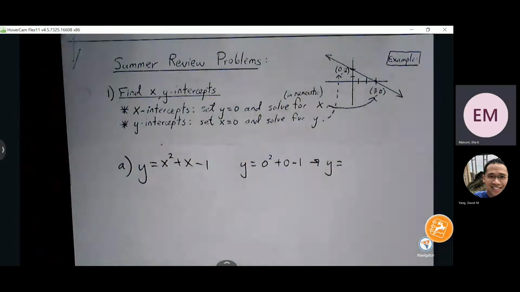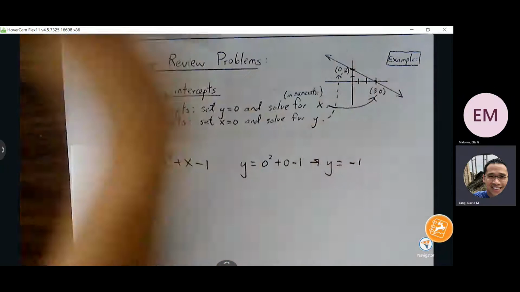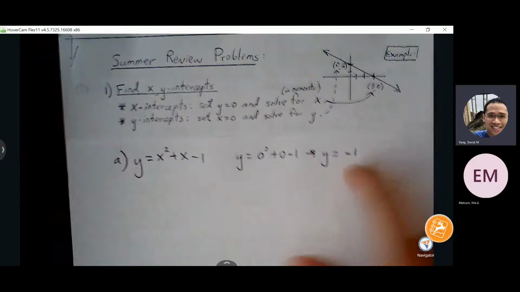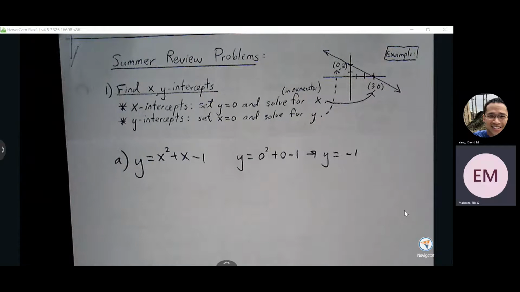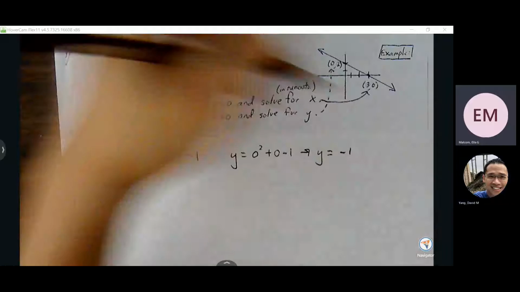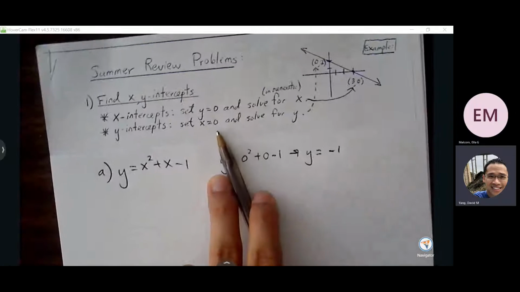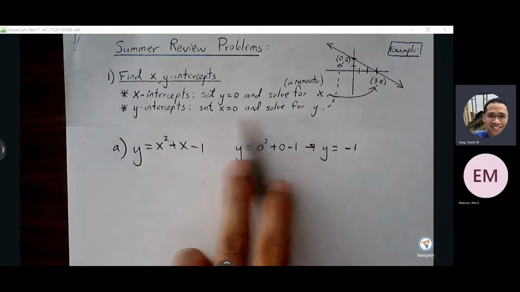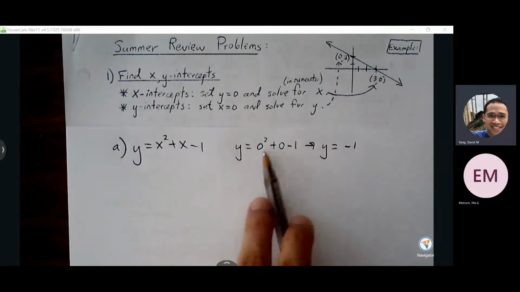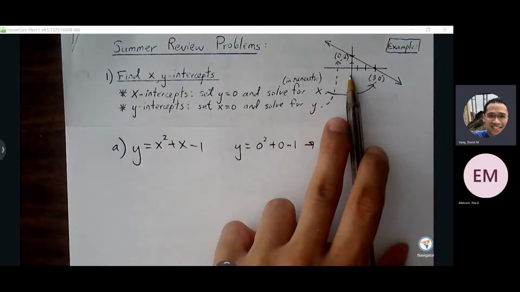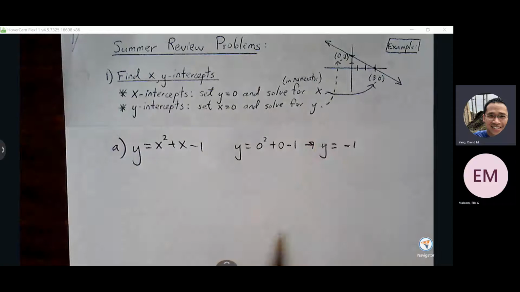So that's -1. Y equals -1. Is this the x or y intercept? That is the y-intercept. Yes, you replace your x with 0 and solve for y. So (0, -1) is a point that lies on the y-axis.